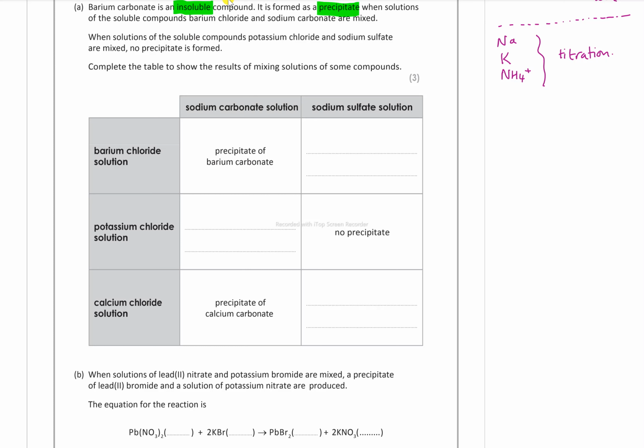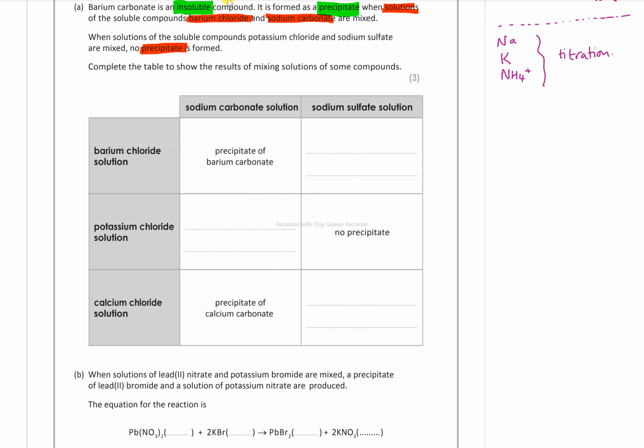When solutions of soluble compounds, barium chloride and sodium carbonate, are mixed, no precipitate forms. So this is soluble, that is insoluble, this is soluble.